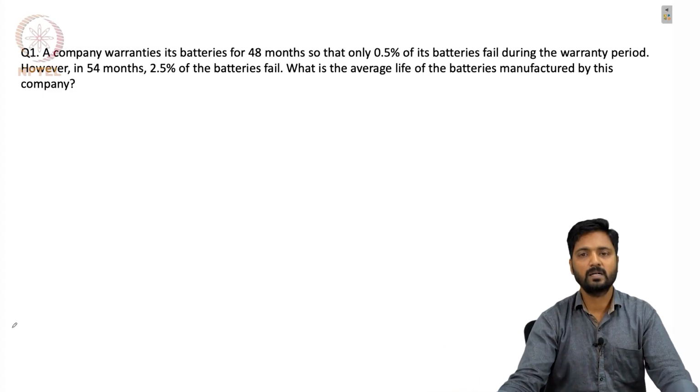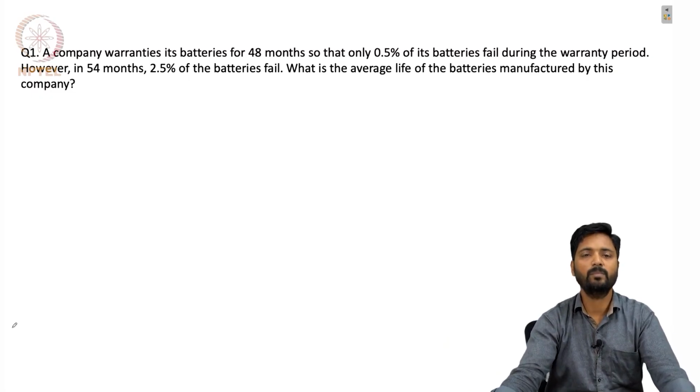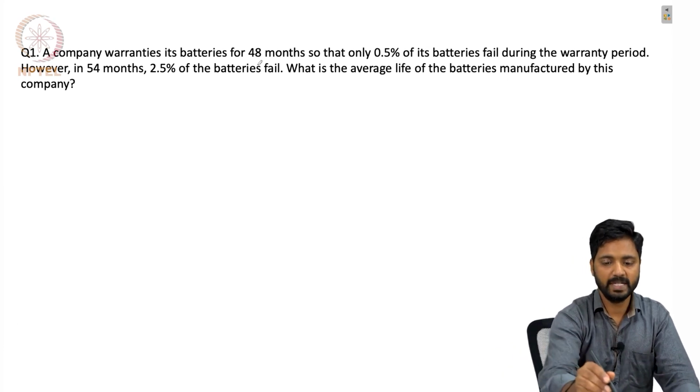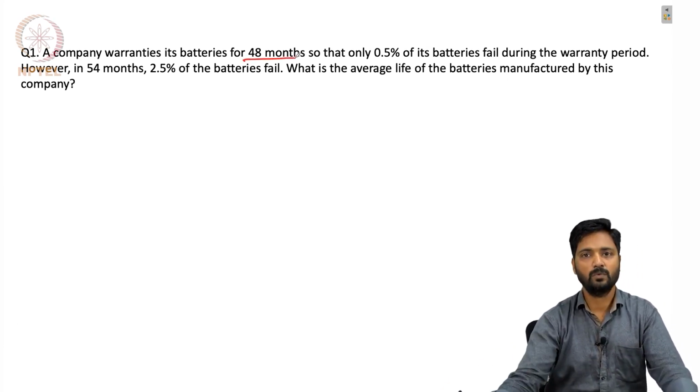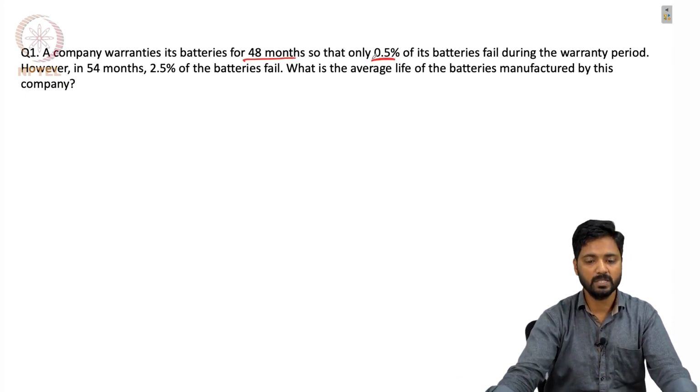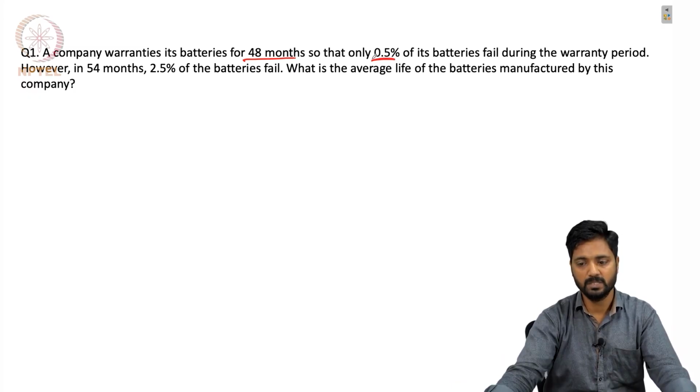So, let us take this example of a battery company that warranties its batteries for 48 months, so that only 0.5% of its batteries fail within this warranty time period.